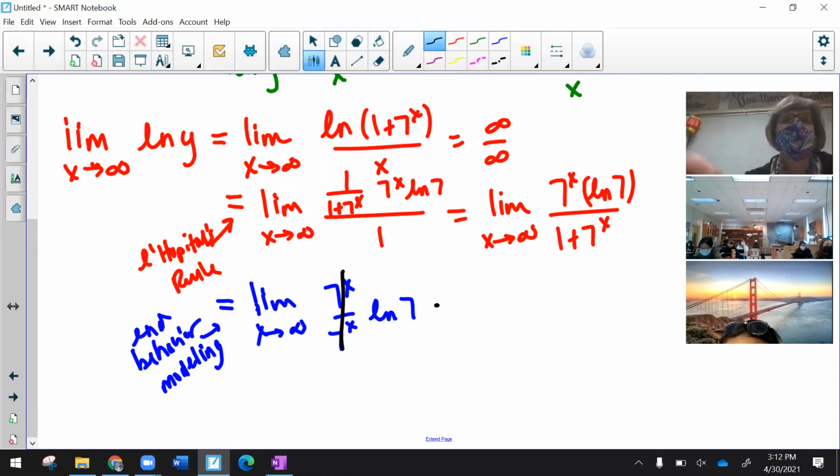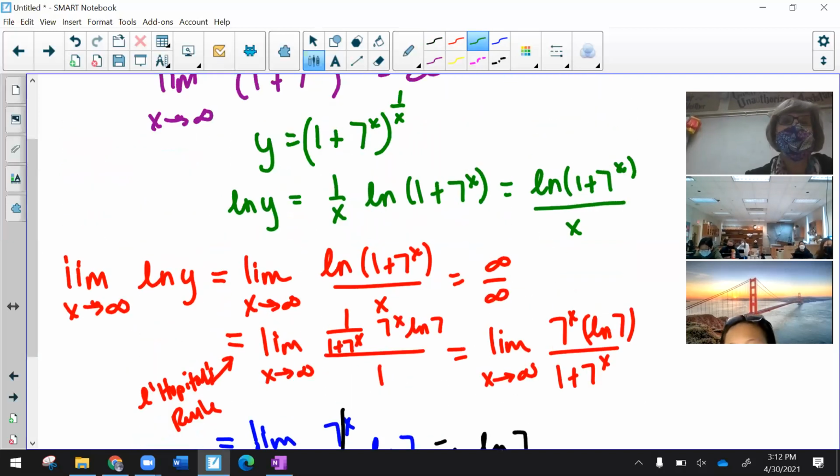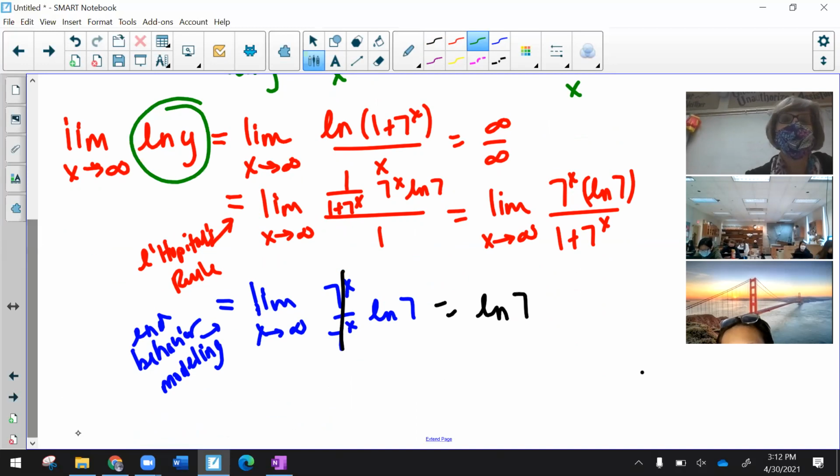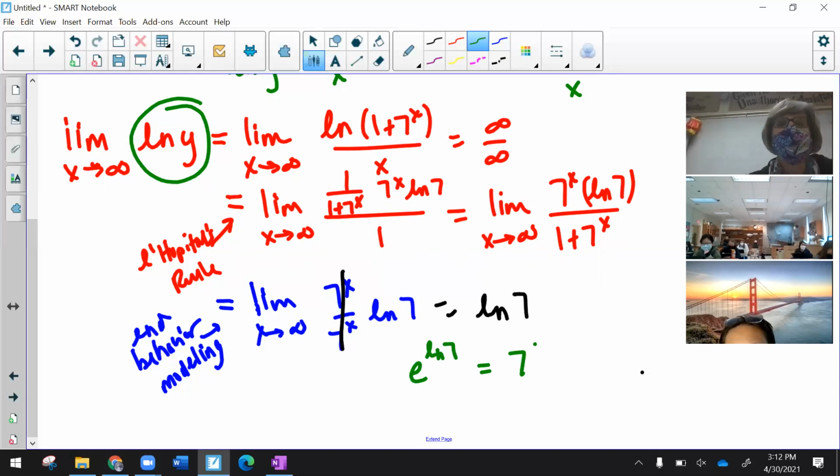My 7 to the x's cancel, and I end up with the natural log of 7. But remember that I'm not done. Number one, that's not an option. So they were nice to you. And number two, remember that that's the limit of the natural log of y, and I want the limit of y. So that last step is to take e to the natural log of 7 and have it be equal to 7. And that's my limit.